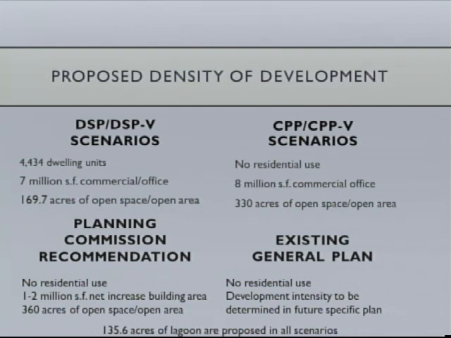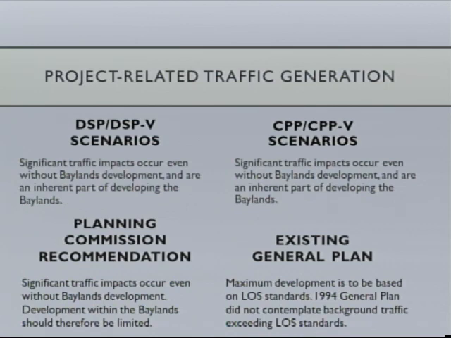In the Planning Commission recommendation, the residential use, again, is not there, but 1 to 2 million square foot net increase of building area, so about 1.5 to 2.5 million square feet and even more open space. Then in the existing general plan, as it exists today, no residential use, and the development intensity would be fixed as part of the specific plan review.